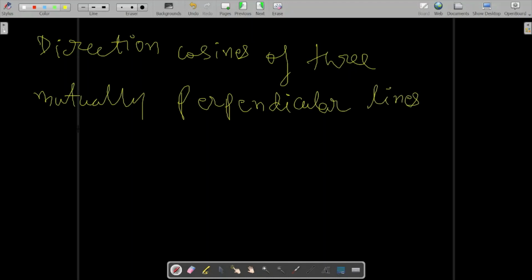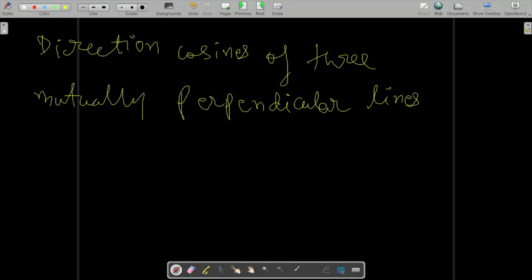You will learn this later on in the upcoming classes, but for the time being just accept the facts as it is. Or you must have learnt in your graduation or post graduation the direction cosines of three mutually perpendicular lines, with direction cosines L1 M1 N1, L2 M2 N2, L3 M3 N3.